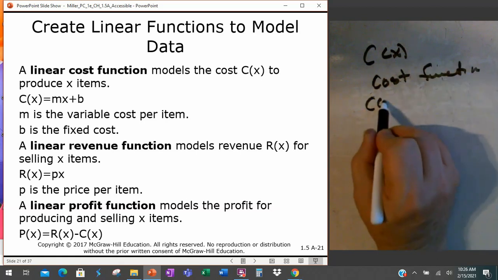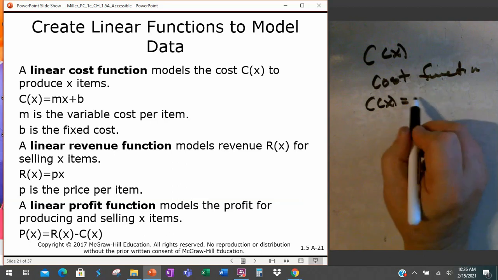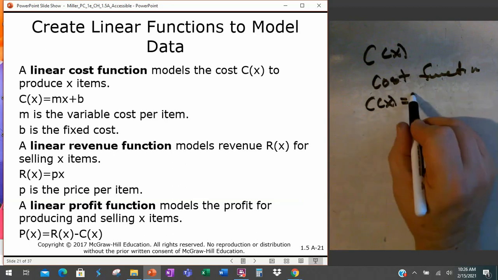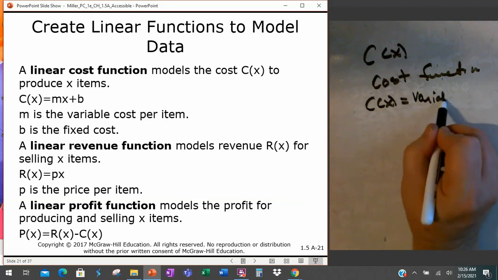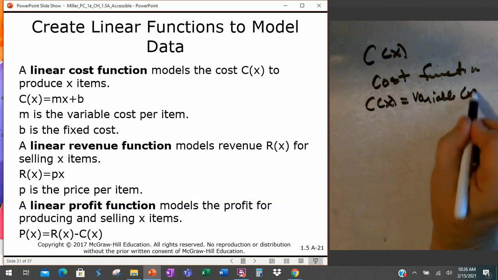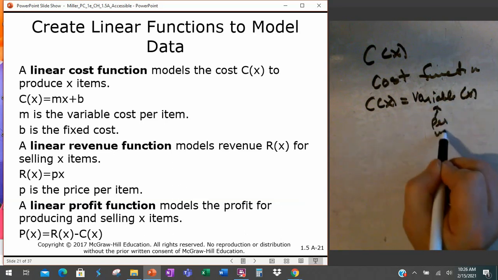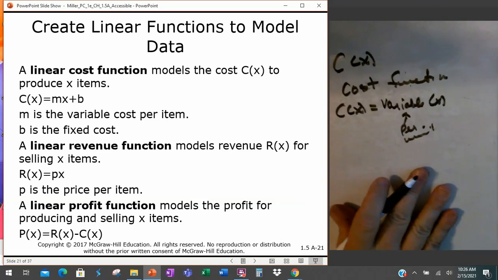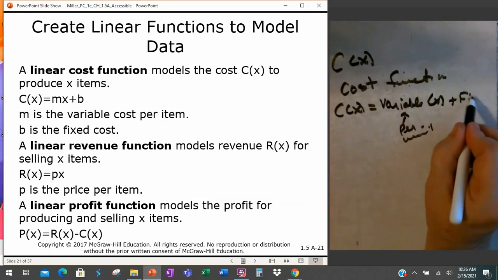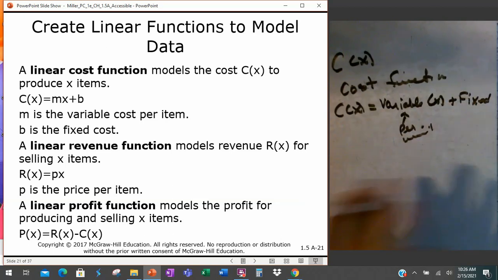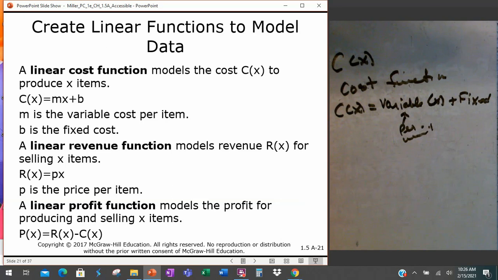Okay. The cost function looks like this. This is your variable cost times X. So this is per unit cost. And then plus your fixed cost. Okay. That's what in general a cost function looks like.